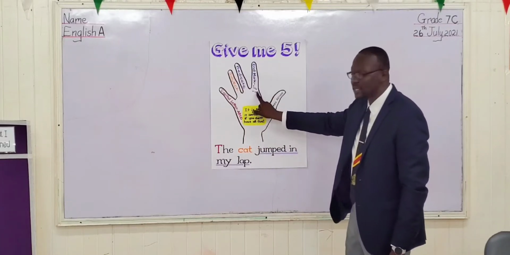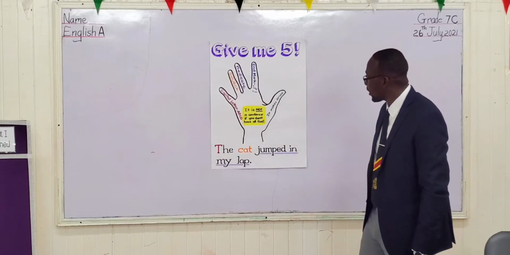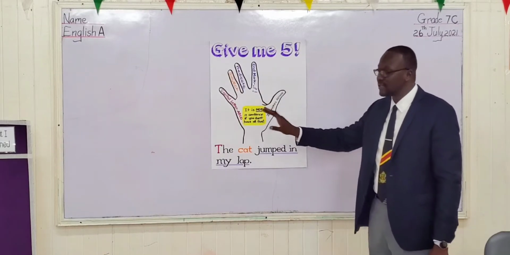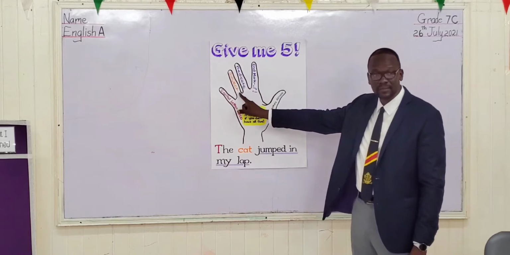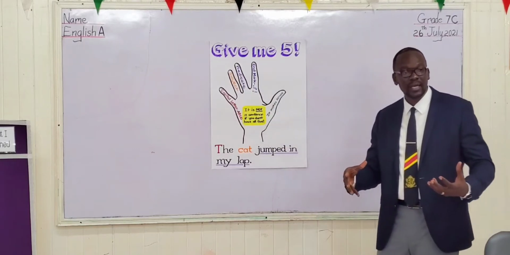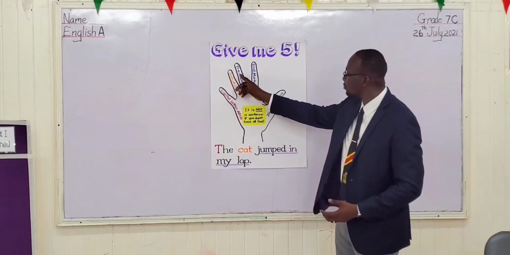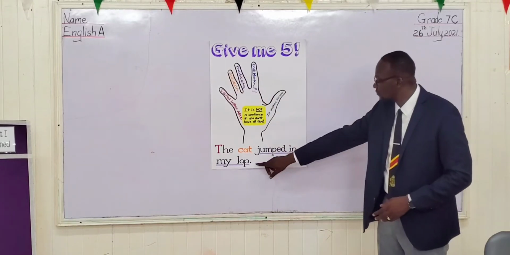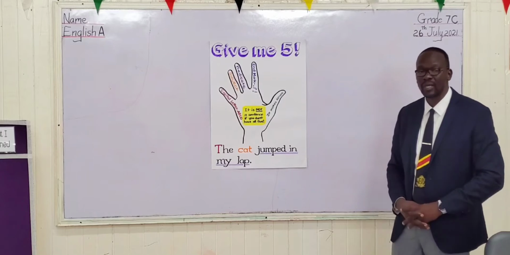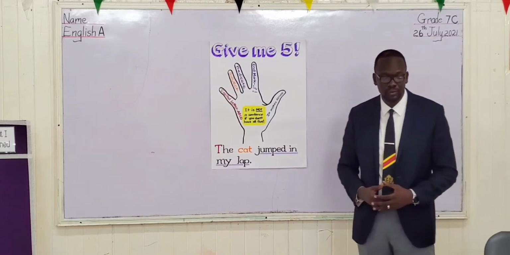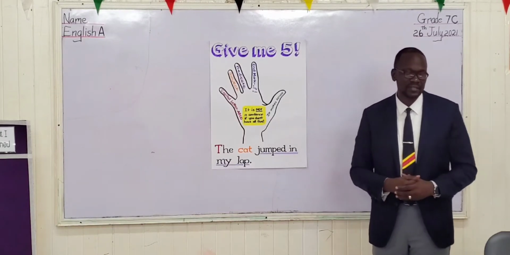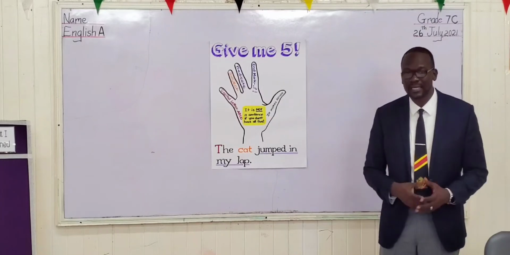Someone mentioned an end mark, correct, so we have it here. But also, a sentence must have a subject, that is who or what the sentence is talking about, and it must have a predicate. Of course, the end mark, full stop, is present there as well. And so now that we would have reviewed what a sentence is, let us continue looking at the simple.